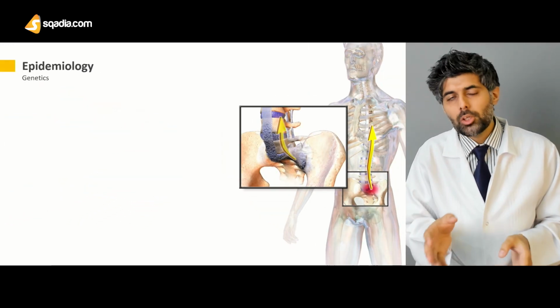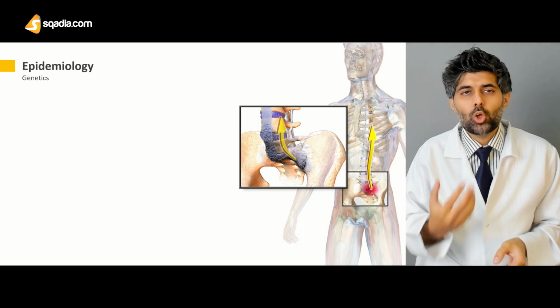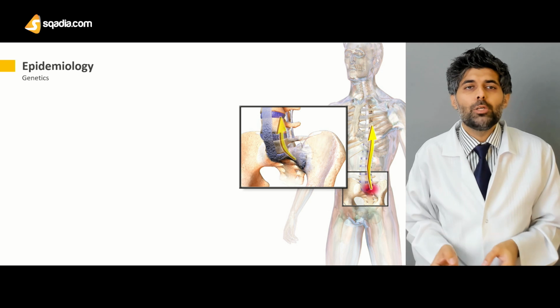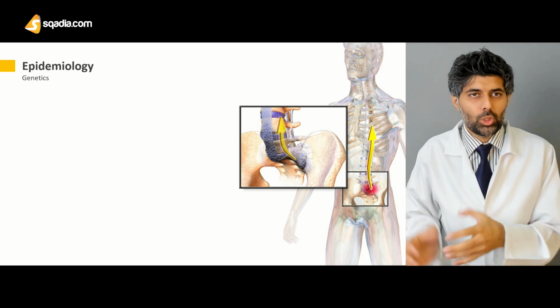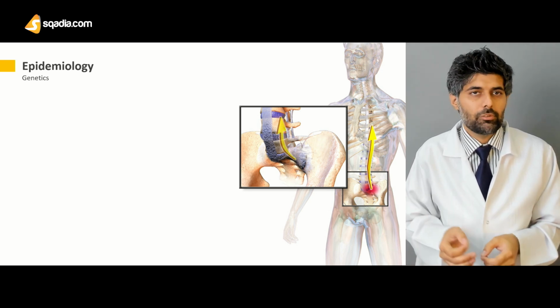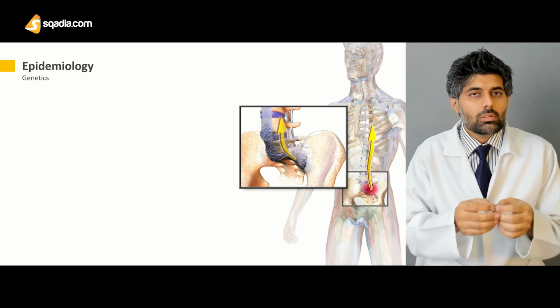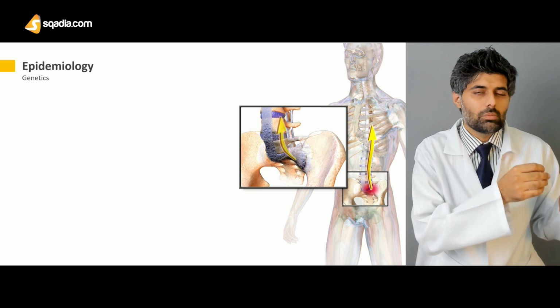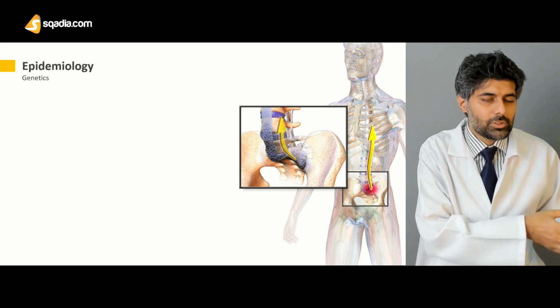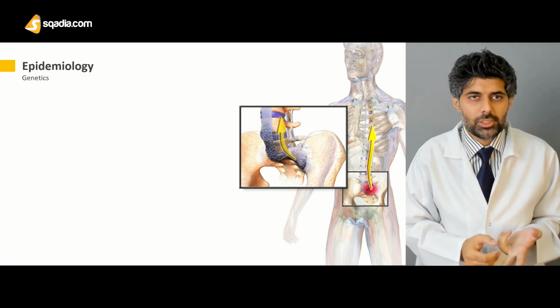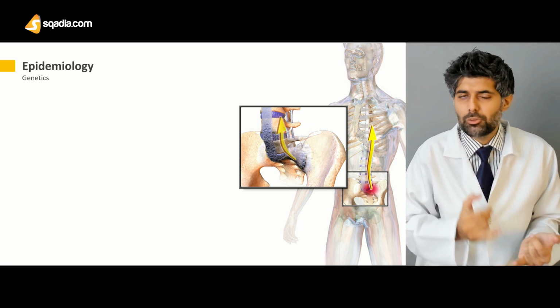Now, continuing the epidemiology, we're going to talk about the genetics. Genetics play a huge part in not only the distribution, the prevalence of any given disease, but they also have some significance in its pathology, pathogenesis, diagnosis, treatment.